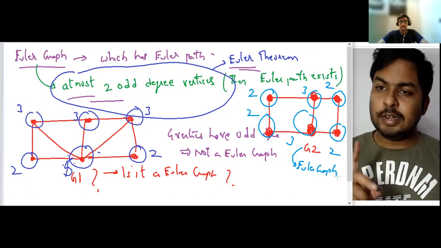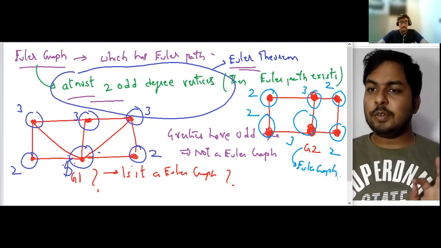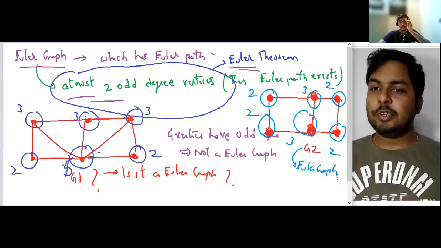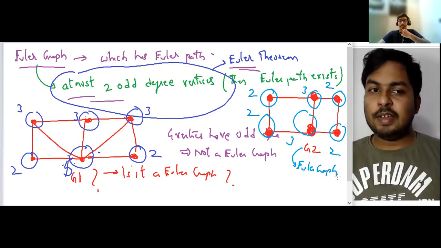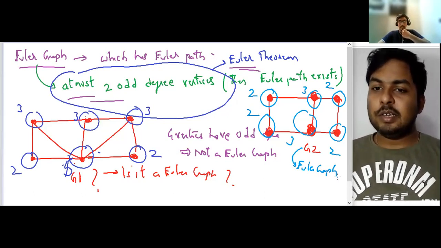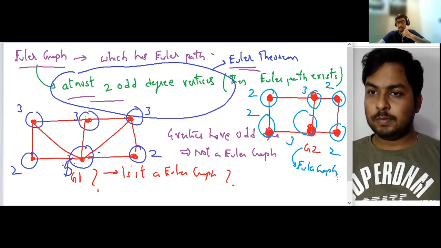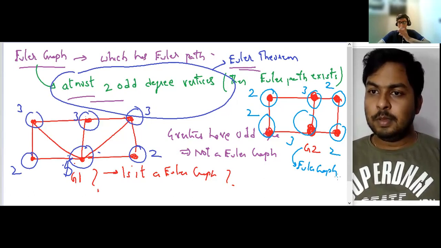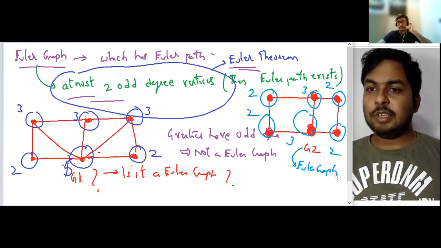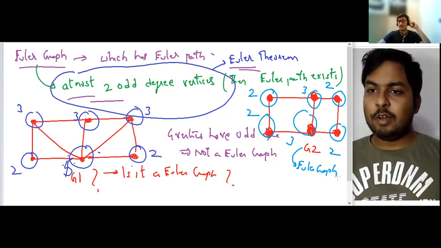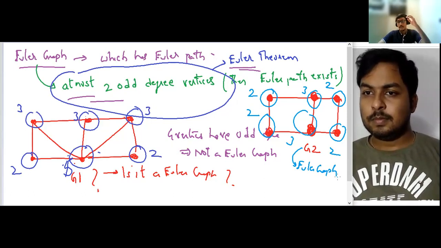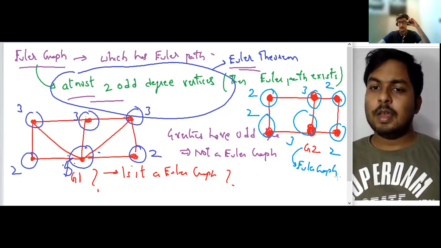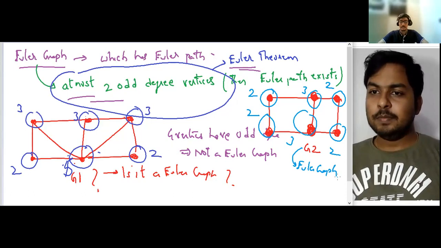Once you know that it is a Euler graph, they can ask you in the exam, especially in a multiple choice question, they'll give you this graph and ask whether it's a Euler graph or not. If it is a handwritten exam, they will ask whether the graph is a Euler graph, and if yes, find the Euler path.